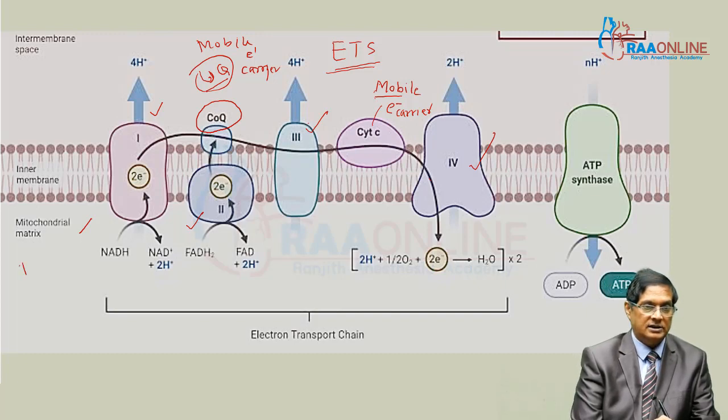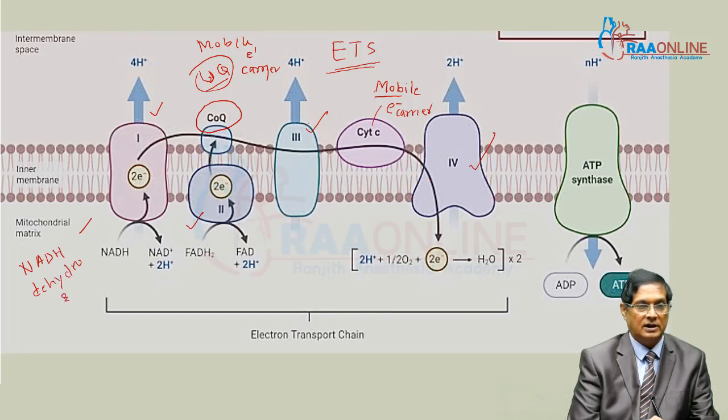it has the enzyme NADH dehydrogenase. This is enzyme number 1 of complex number 1. And it has FMN, flavin mononucleotide.